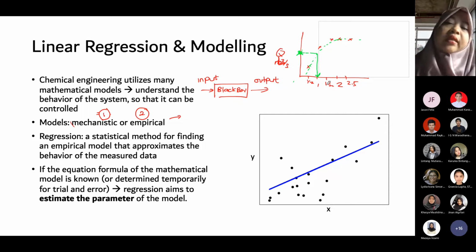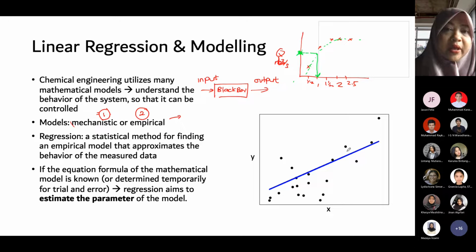Okay, so that's a simple example of why we do modeling, and in this case it's not linear regression. Now, regression is actually a statistical method for finding the empirical model that approximates the behavior of the measured data.